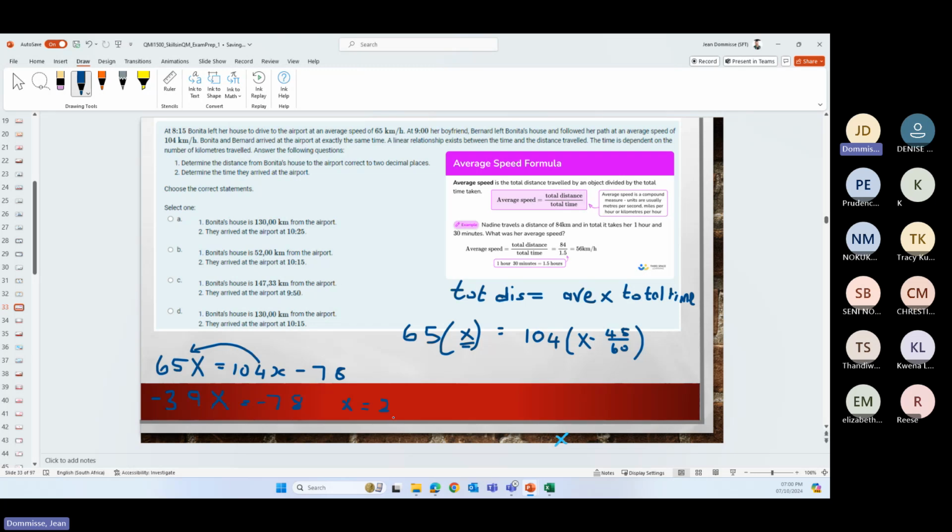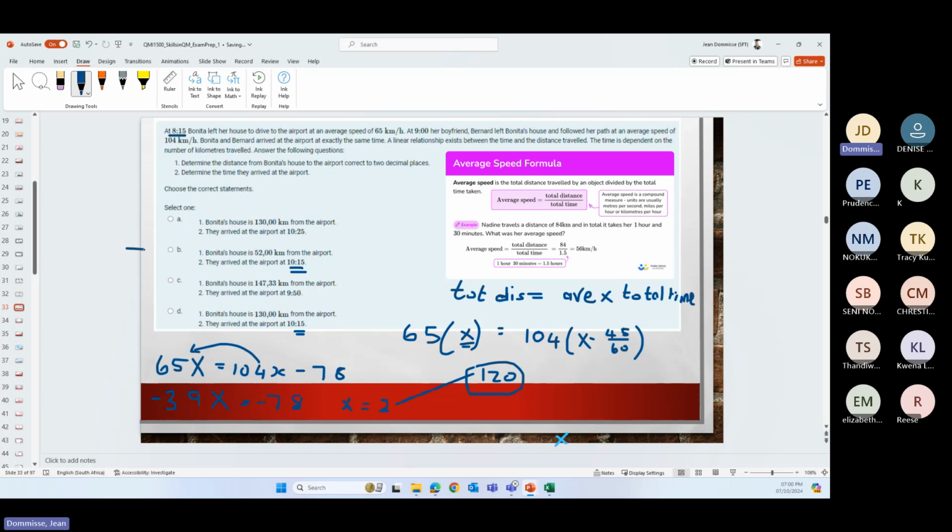Okay, so 2 hours is 120 minutes. So Bonita left at 8:15. She will arrive in 2 hours' time, so they will arrive at 10:15. Okay, so here are two of them that is 10:15.